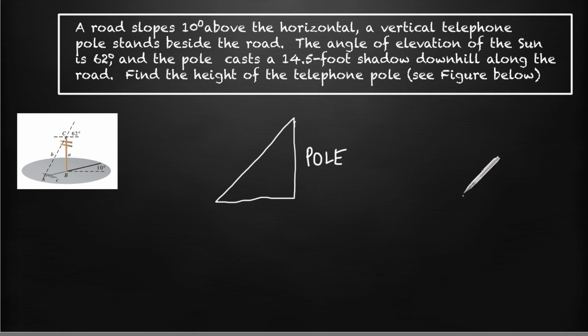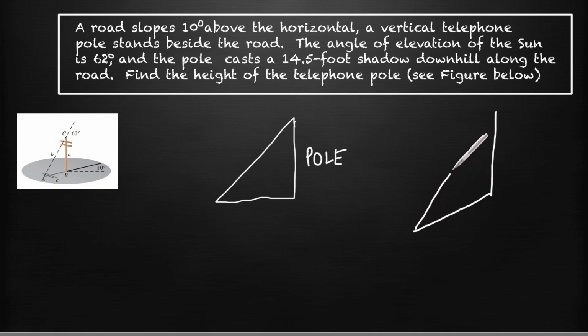But instead, what we have here is we still have a vertical pole, but instead of a road that is horizontal, we have a road that has a slight slope to it. And so it's going to be 90 degrees.